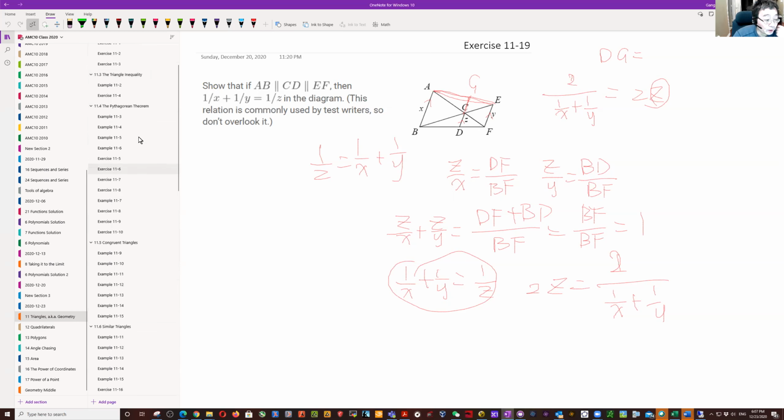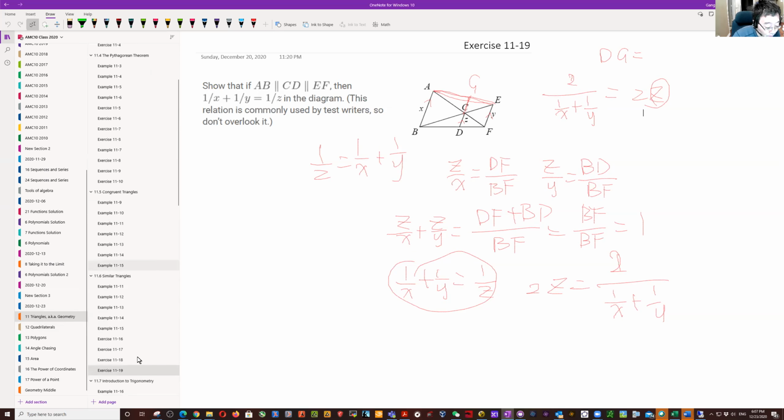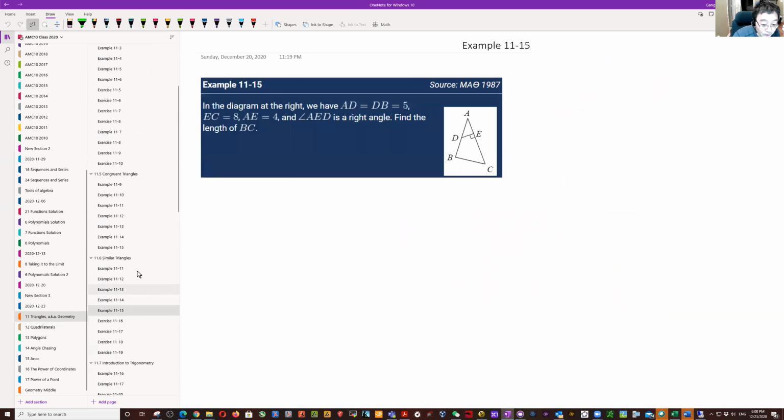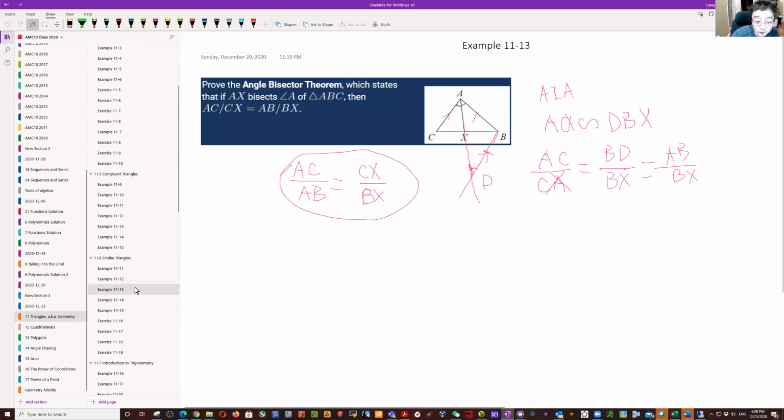And then with the triangle similarity, we find more fun things, like the right triangle. With the right triangle, you generate three of those, and you can find another geometric mean with this construction. And we have the angle bisector theorem.